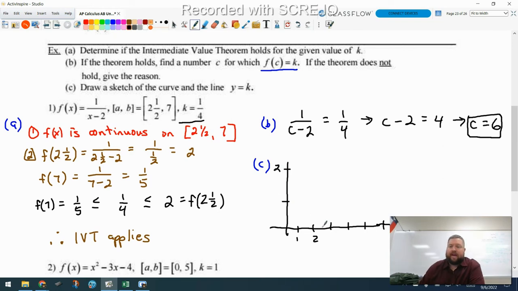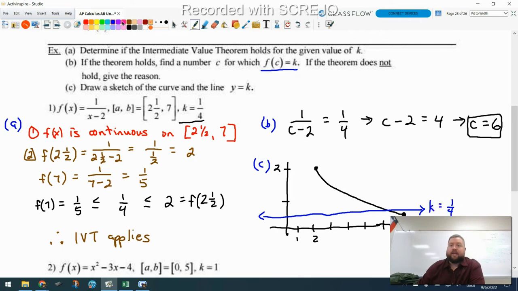Okay, f of 2.5 was 2, so that's right there. F of 7 was 1/5, so pretty close to the x-axis down here. So our curve's going to go down like that. Okay, and then k equals 1/4 is a little bit above here, right there, like that. Not the best drawing, but we get the idea.